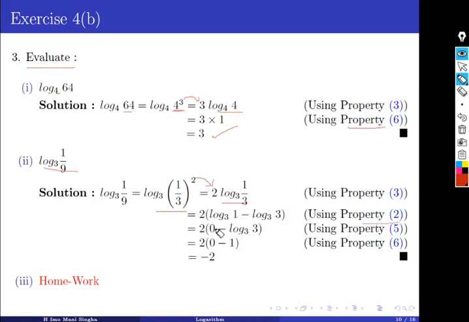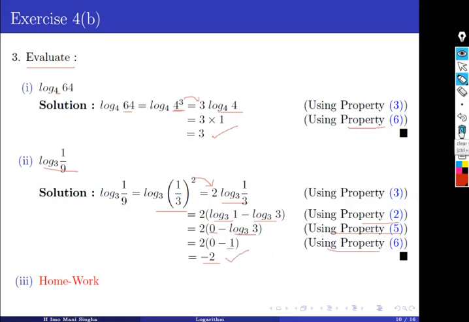Log of numerator minus log of denominator, which is log of 1 minus log of 3. And we know by property number 5 that log of 1 with respect to any base is always 0, and log of 3 base 3, if the base and the number are the same, then by property 6 it is 1. So the answer is minus 2.